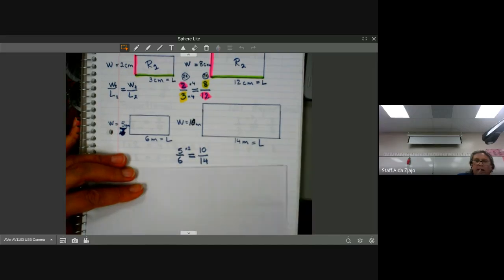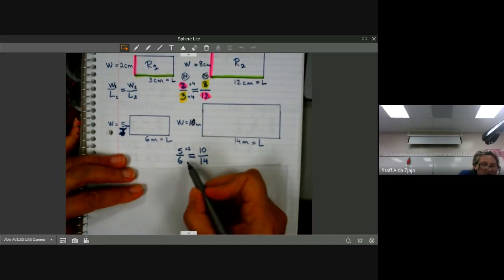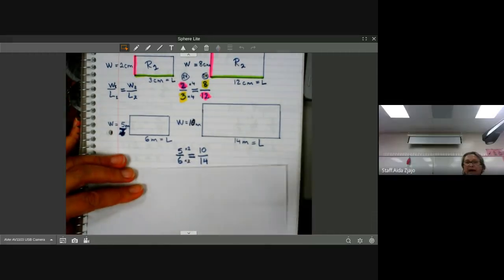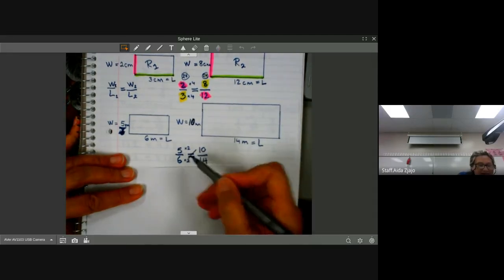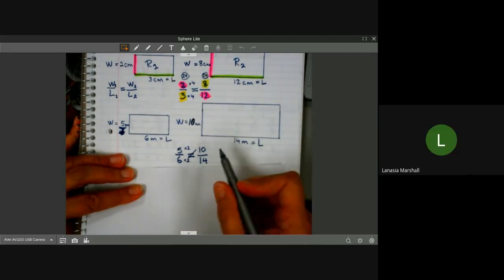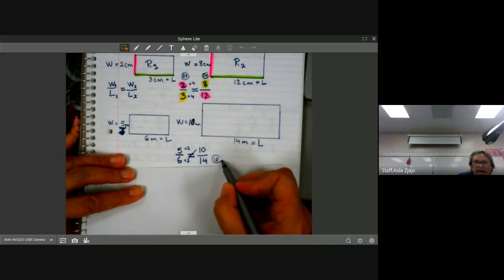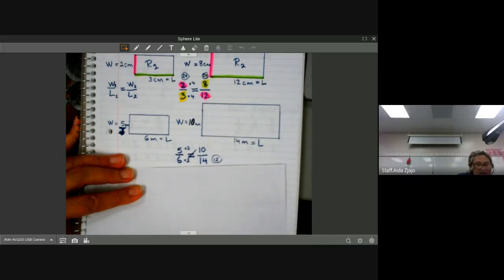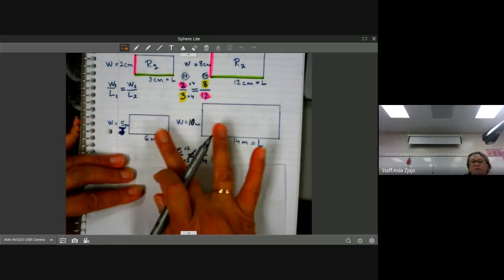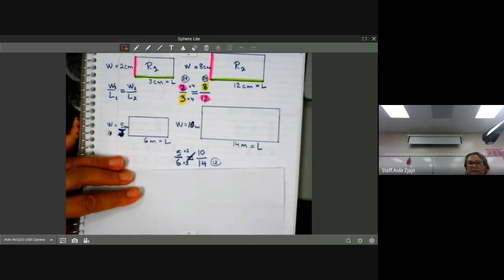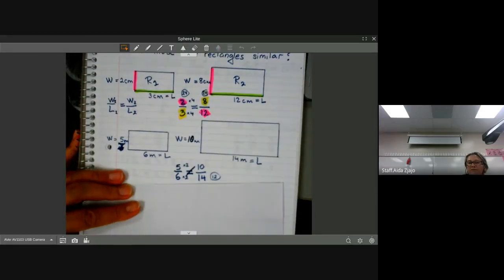Okay, so does this work if I do that? No, because 6 times 2 is 12 and 14 is not 12. So these two are rectangles, but they are not proportional.